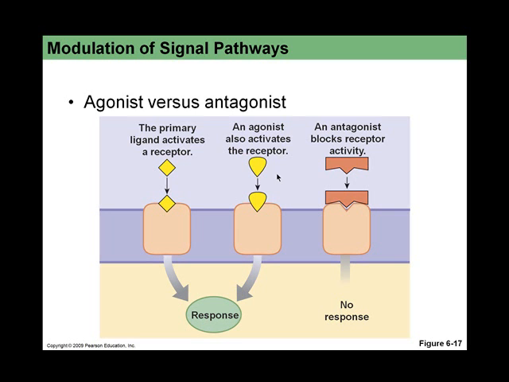I exaggerate to help put it in your mind that there are different things, so don't always pronounce it the way that I do. Okay. I'm just trying to help the learning process. I hope it works. So an antagonist blocks the receptor activity.